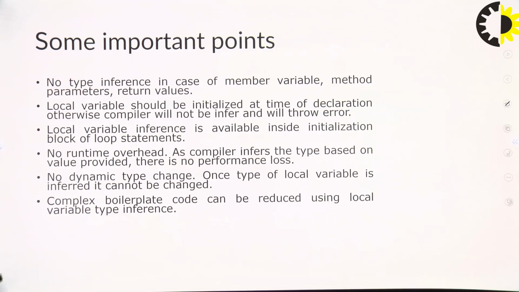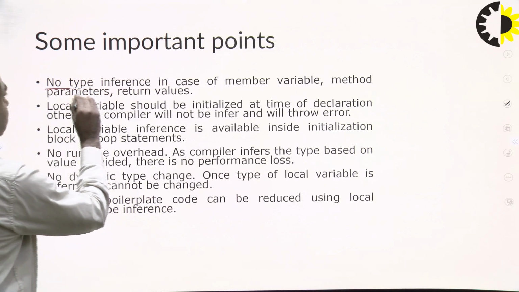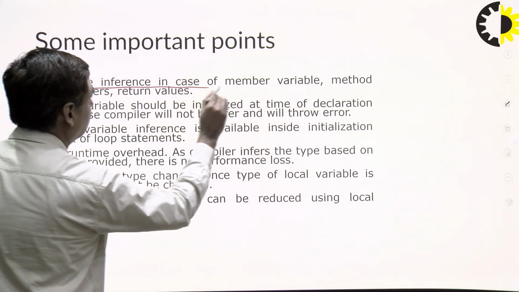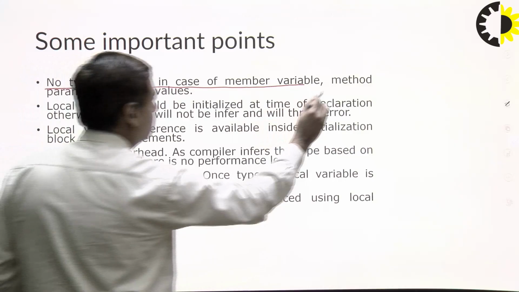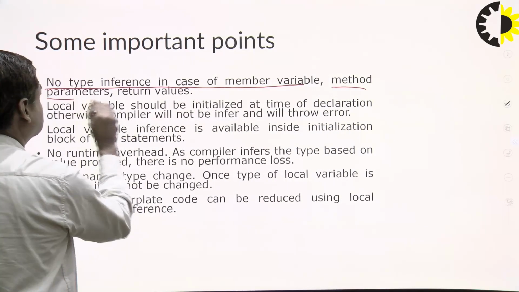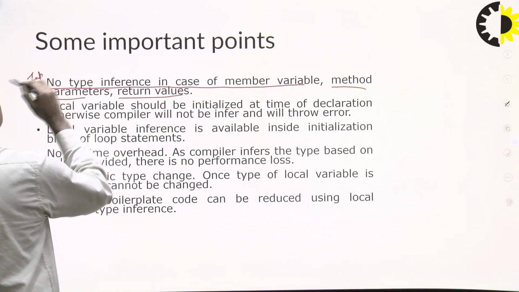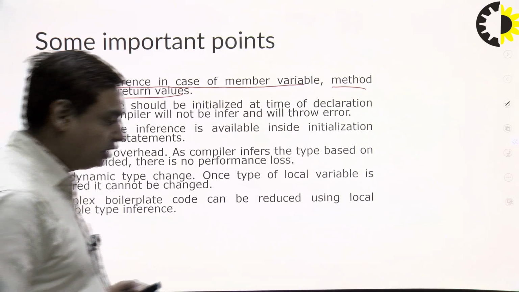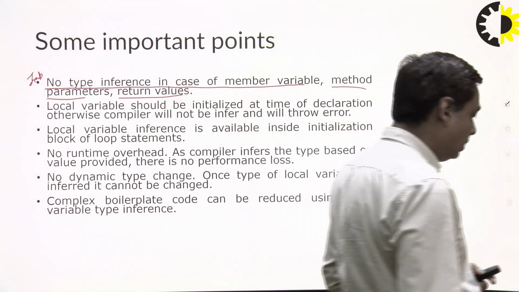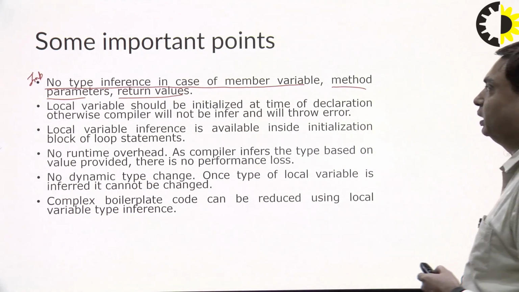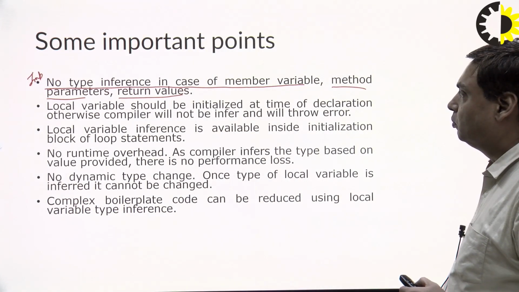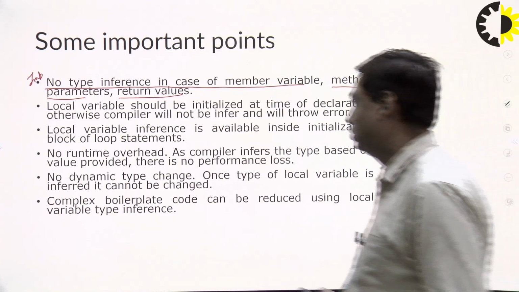Now, there are some important points. I am reading it. No type inference in case of member variables, method parameters and return values, a very important part. So, in these three cases, type inference is not applicable: member variable, method parameter and return values.